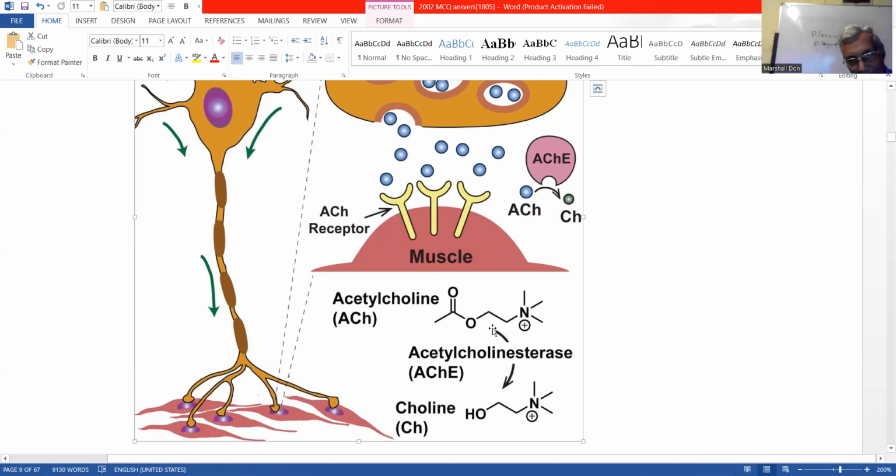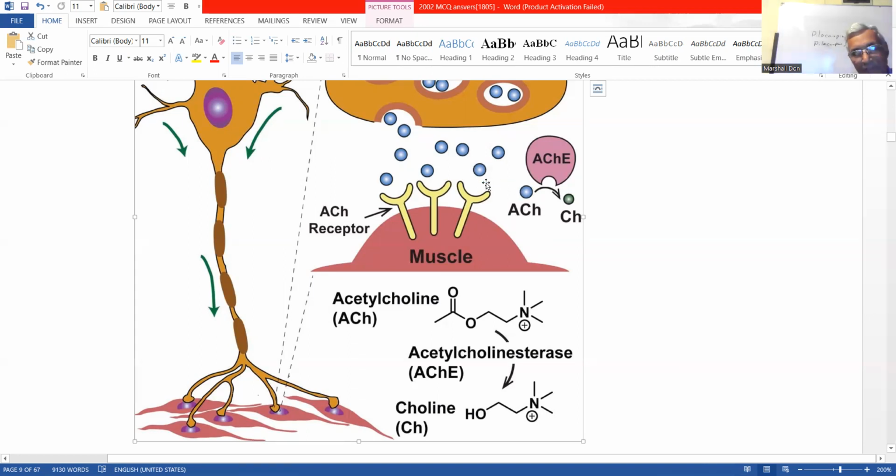So this is acetylcholine. Immediately after acetylcholine is here, there is another enzyme called acetylcholinesterase. Acetylcholinesterase removes this and breaks it down into acetyl and choline.